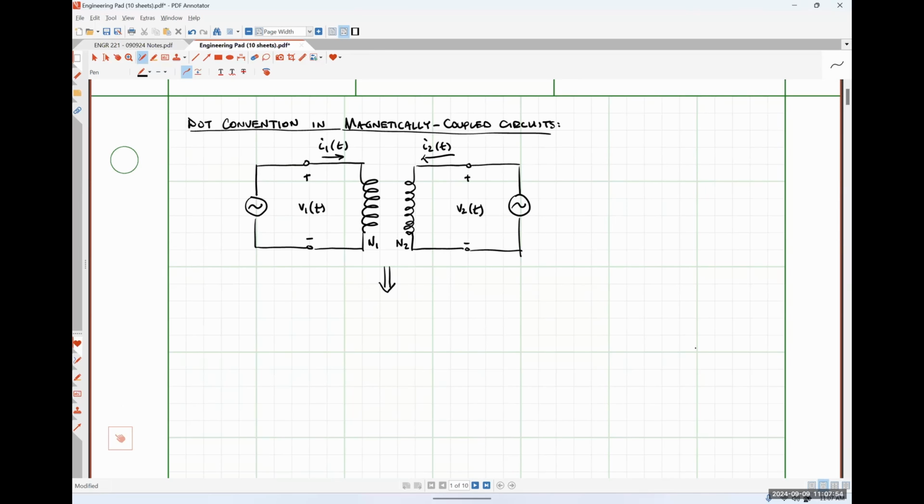I'm exaggerating the size of this very simple circuit so that we can add in some pieces of information as we go. Starting with my sinusoidal excitation on the left-hand side, now I have the terminals for coil 1, and I'm going to draw this real long like so. Coil 1 will have some inductance L1, and I'm going to choose to put a dot on the top side of coil 1.